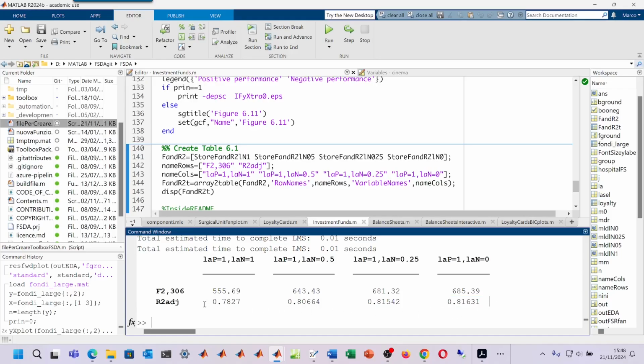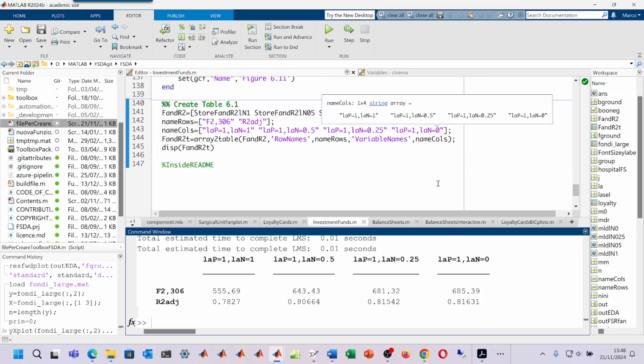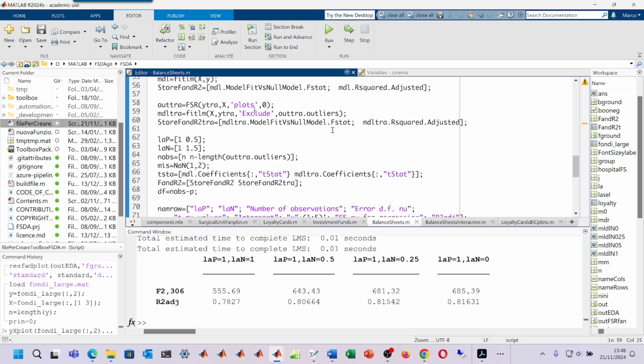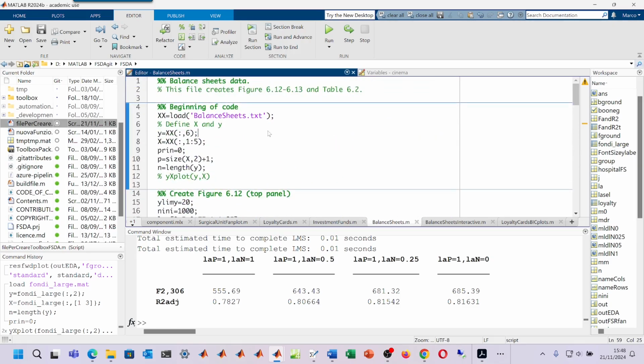As you can see, moving from left to right, the value of adjusted R-square increases from 0.78 to almost 0.82. This concludes the analysis of this data, and now we move to the analysis of balance sheets data.